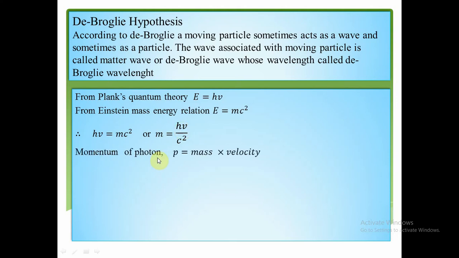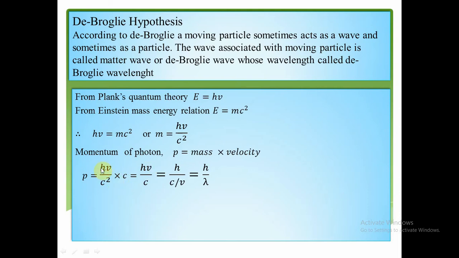The momentum of the photon is given by mass into velocity. The mass we have already derived here, and the velocity is the velocity of the photon. The photon travels with the speed of light, therefore I have written c.